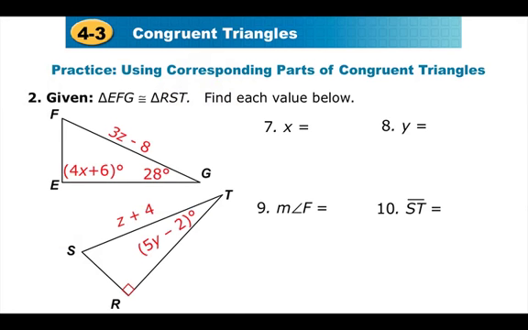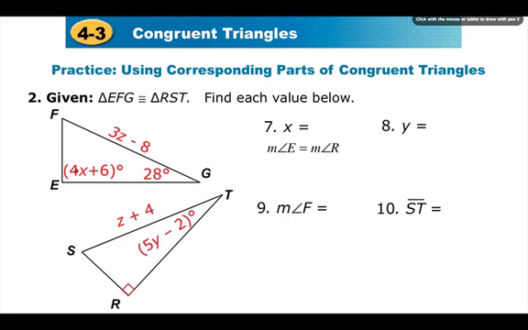So again, you're given that these 2 triangles are congruent. And then you need to find the value for each of the problems here, 7 through 10. So they want you to find X. How do we find X? Notice that this is the expression that has the variable X. I recognize that angle E is equal to angle R. They're congruent by definition.